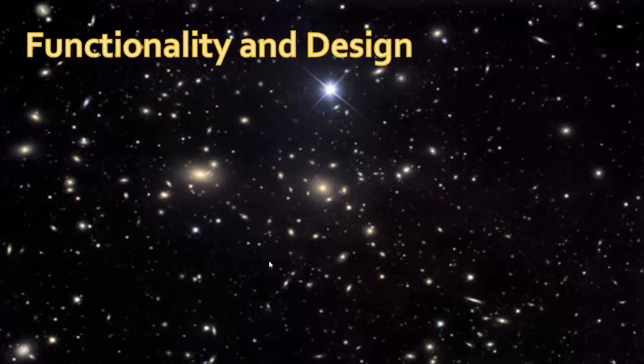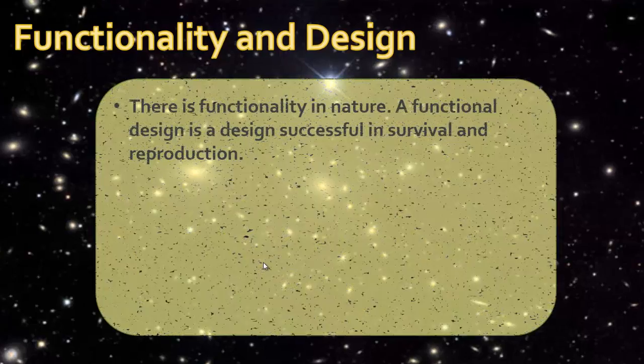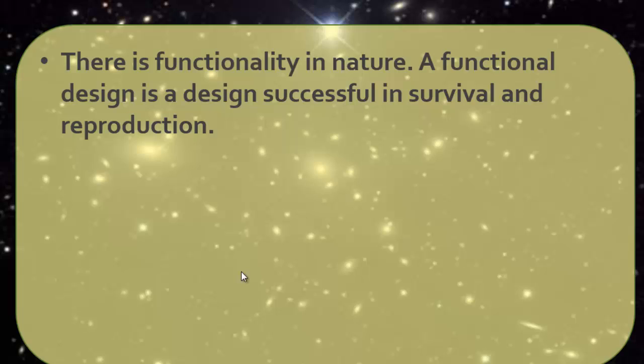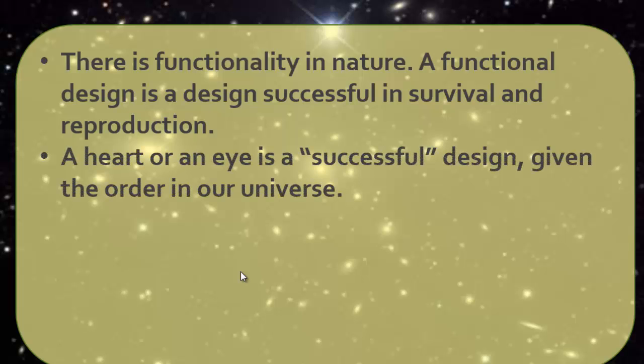And what about functionality and design in the universe? They are very basic to the life sciences. A functional design is a design that is successful in survival and reproduction. So natural selection promotes it. A heart or an eye is a successful design given the order in our universe.